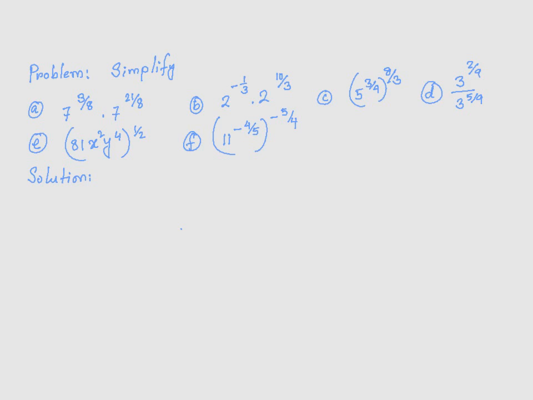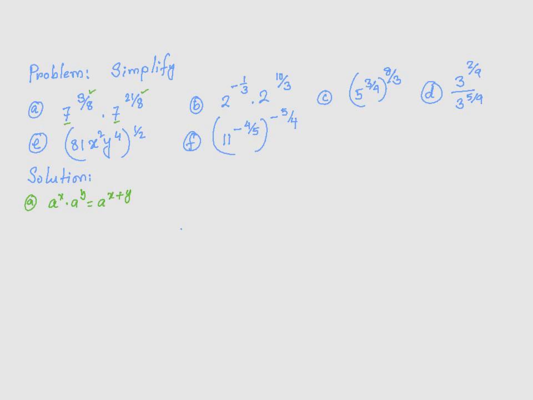To simplify the first one, I'm going to use this rule: a to the power x times a to the power y is equal to a to the power x plus y. So in my context, a is 7, x is this number, y is this number.